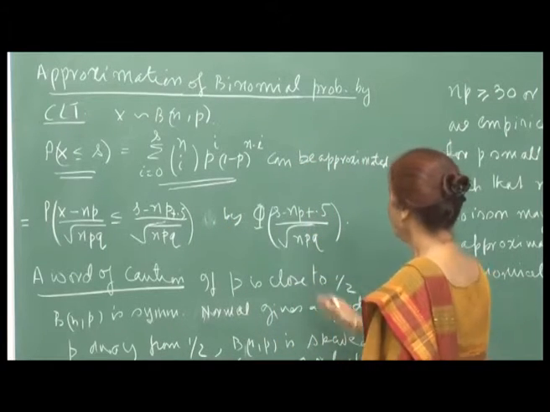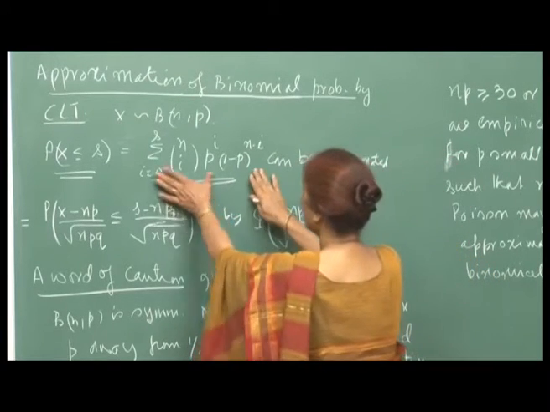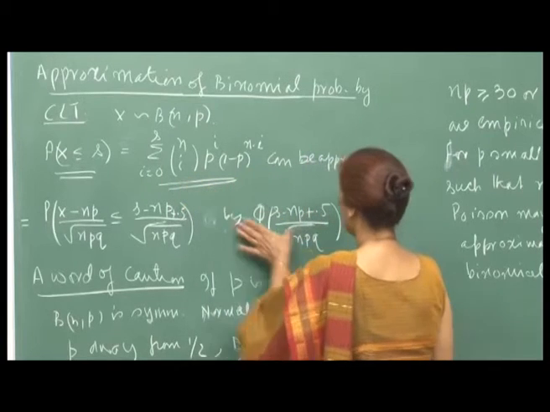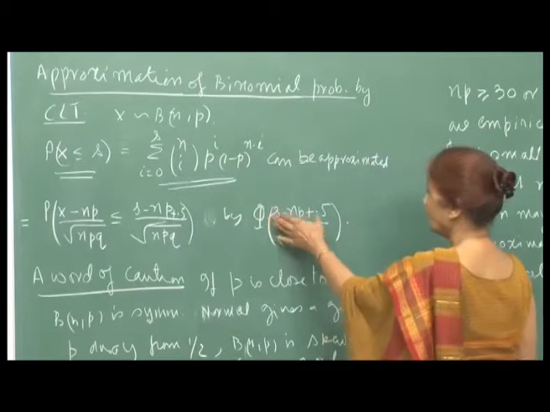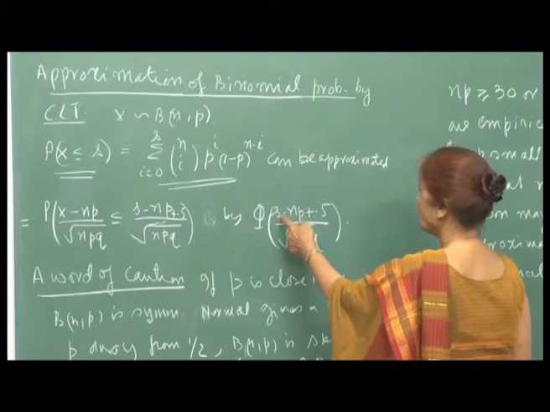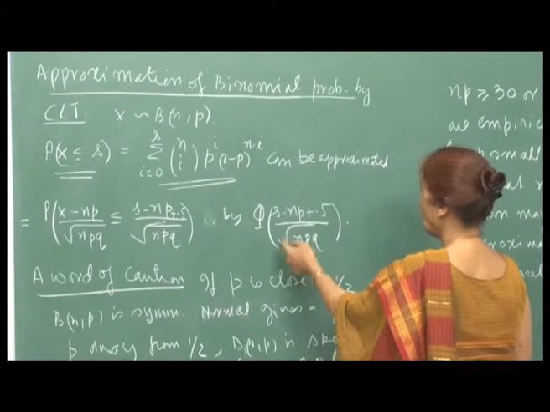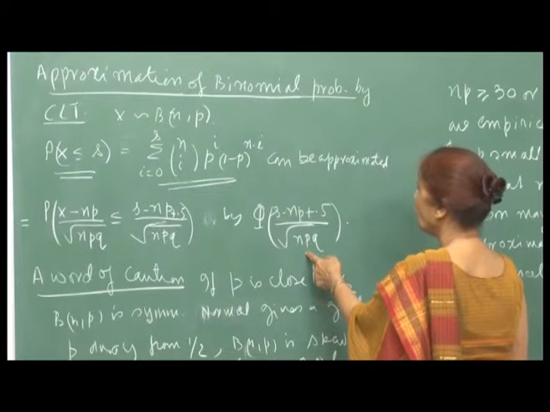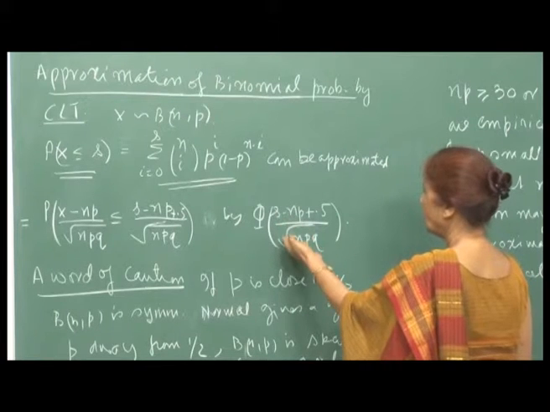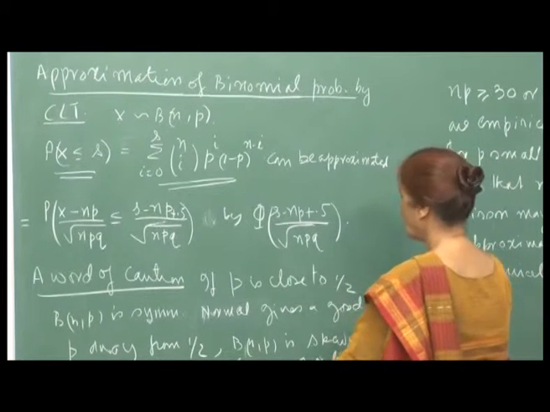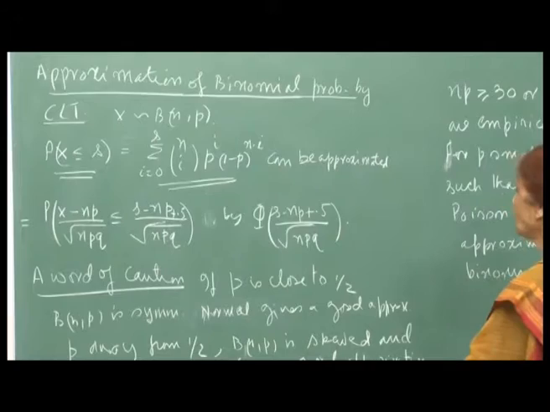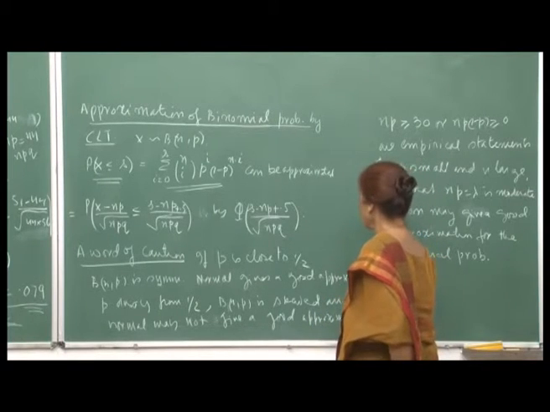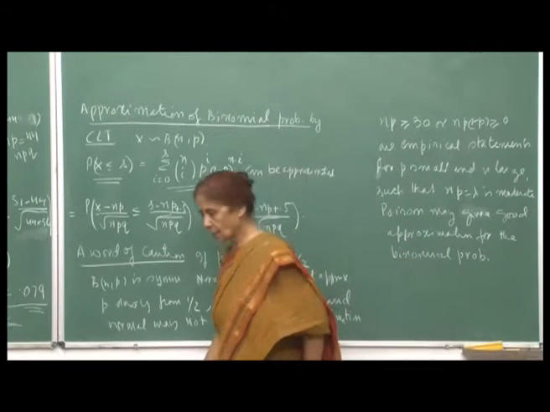So this cumbersome probability can be approximated by the normal probability, which is s minus np plus 0.5 upon the square root of npq, and we look up the normal tables and compute this number. Of course, when you are approximating, the question arises how good an approximation it is.